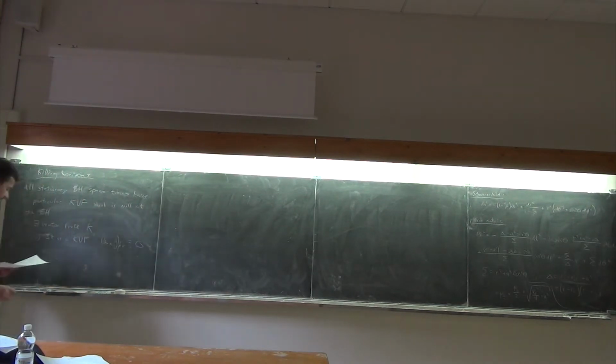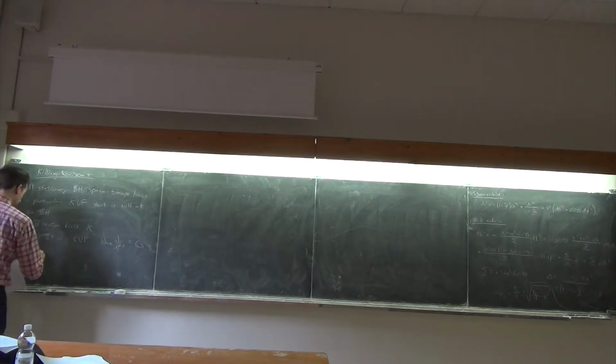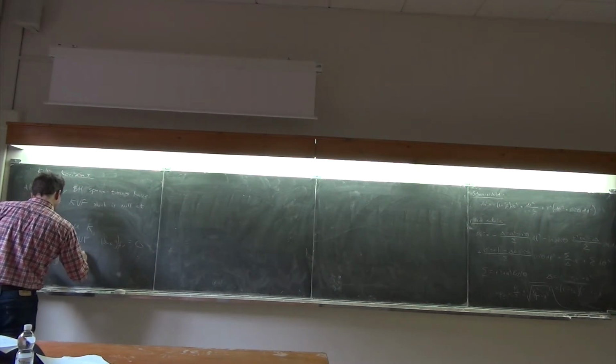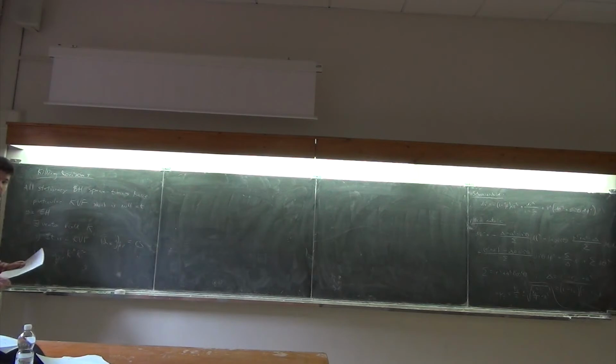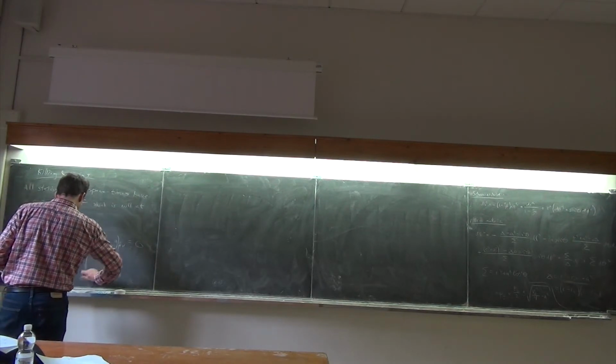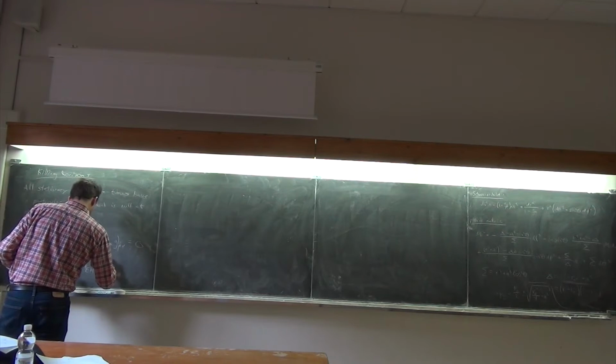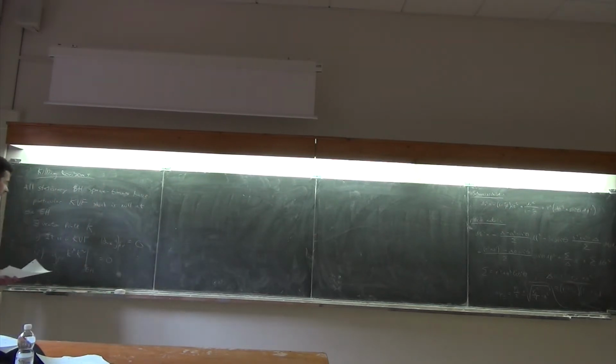And if we compute the norm with respect to the metric for this vector field and evaluate this on the event horizon, then we should get 0. So this is just more mathematically what this means.